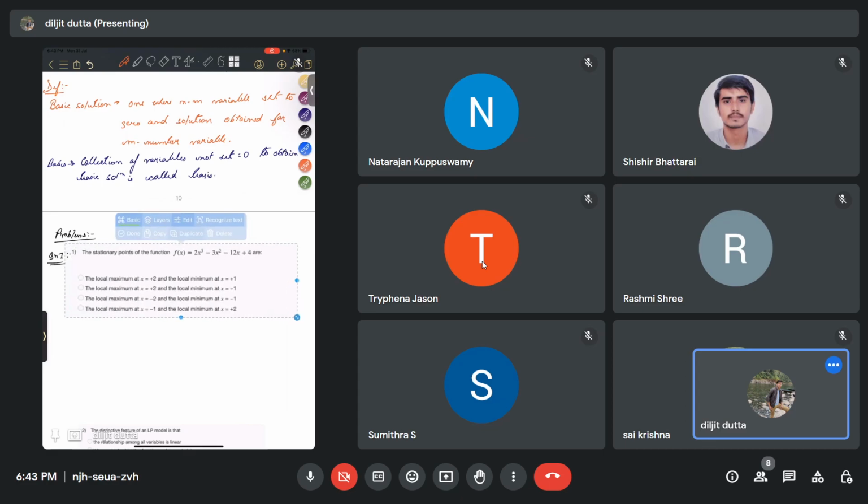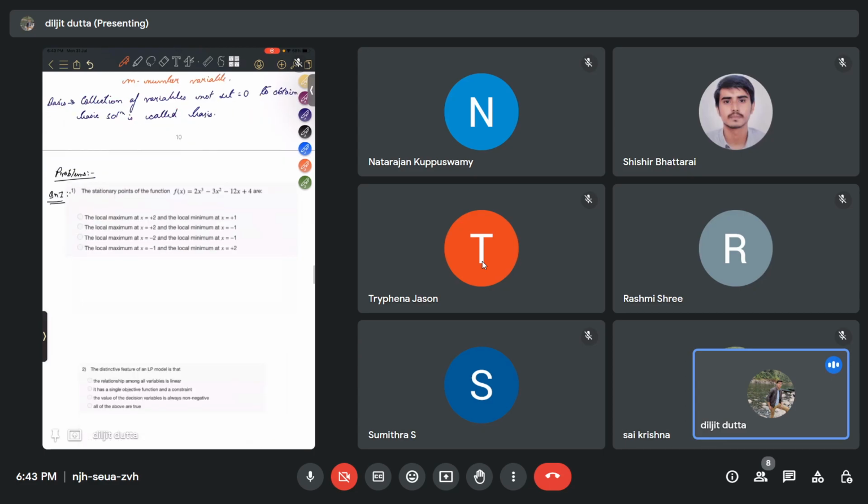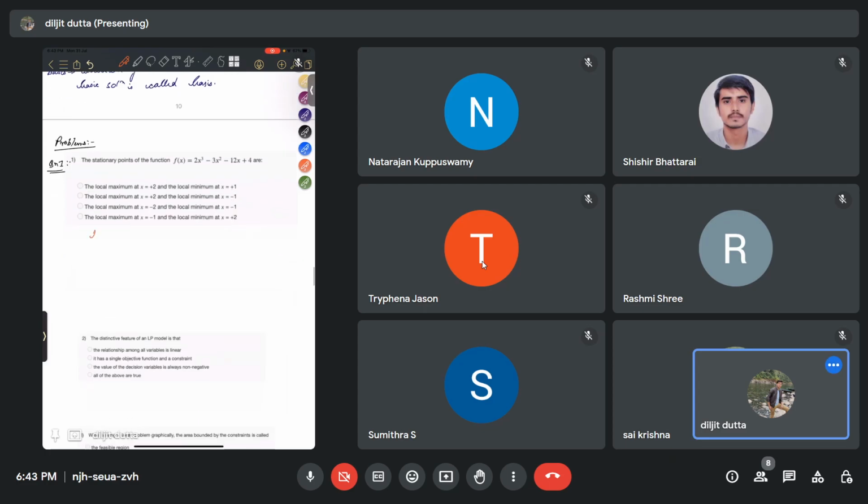The stationary points for the function f of x equal to 2x cube minus 3x squared minus 12x plus 4 are. So we have f of x equals 2x cube minus 3x squared minus 12x plus 4.